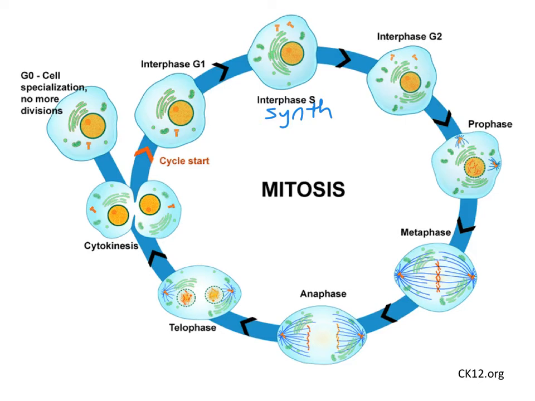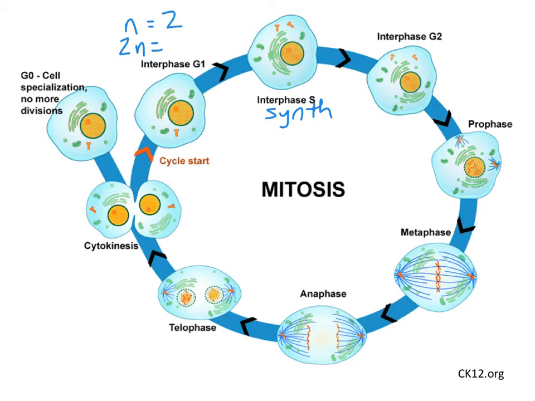So before replication happens, that's G1. If we were human, what's N? N is the number of different chromosomes we have. 23. We have 23 pairs.